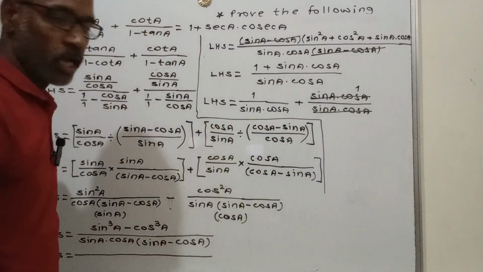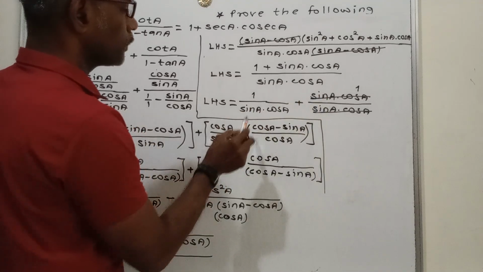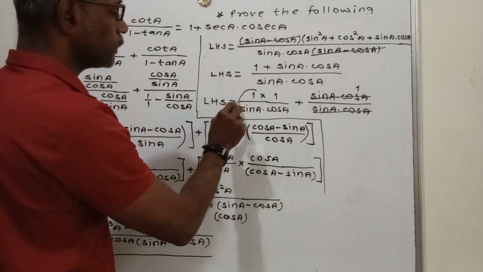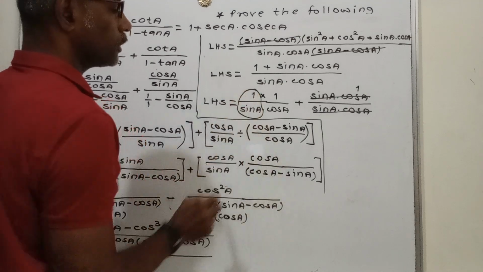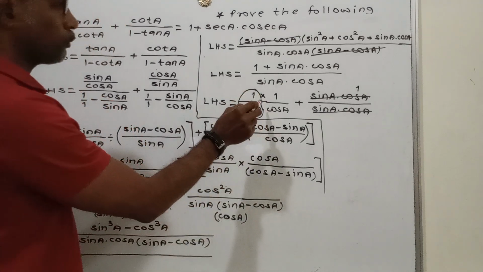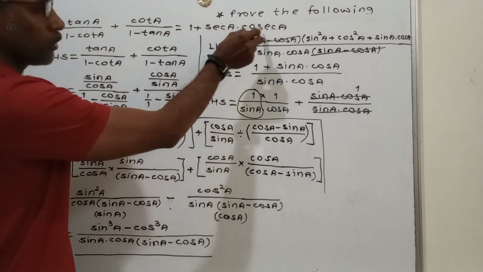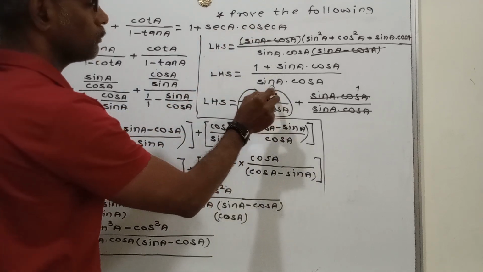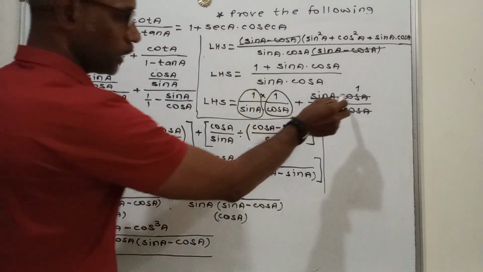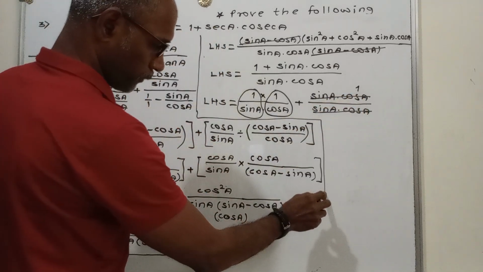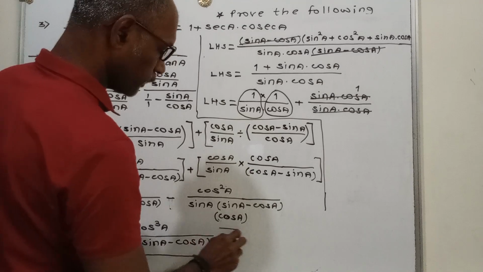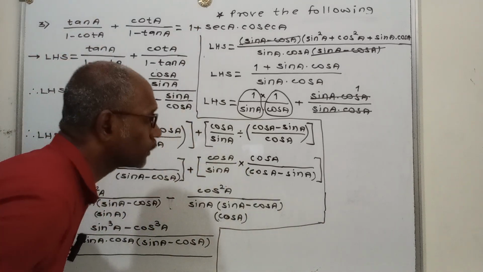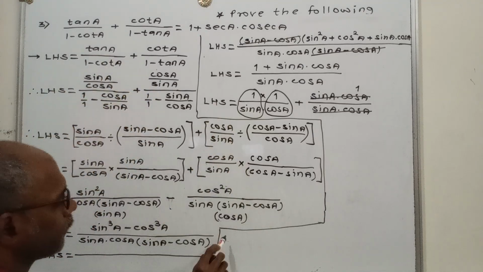Therefore here 1. Now when we write here 1 into 1, then see this, 1 upon sin A means cosec A, and 1 upon cos A means sec A, and this is 1.